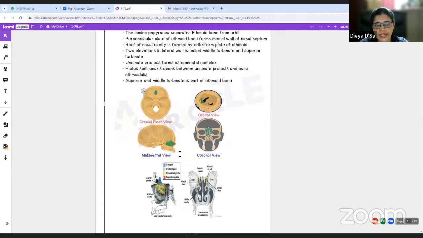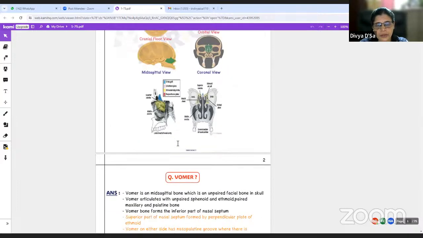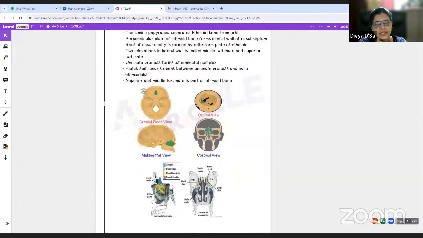It opens between the uncinate process and the bulla ethmoidalis. The bulla ethmoidalis is an elevated part you will see in the middle meatus. The hiatus semilunaris is a semilunar opening just below the bulla ethmoidalis. Those are the spots where the paranasal sinuses open.